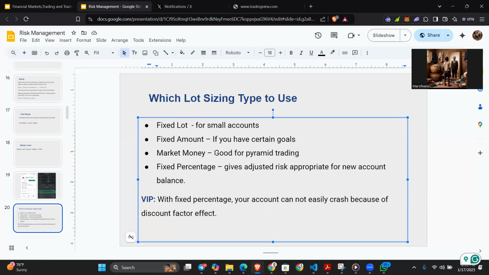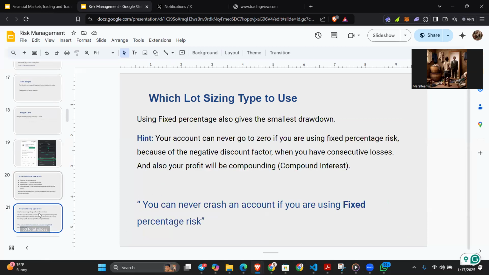But professionally, it's always good to work with fixed percentage. Using fixed percentage also gives you the smallest drawdown.